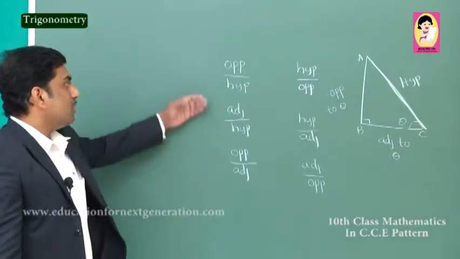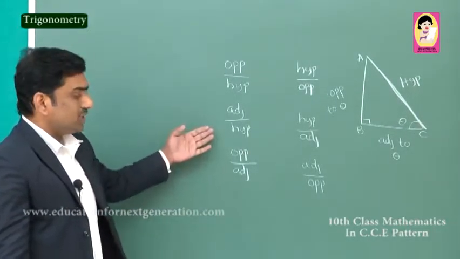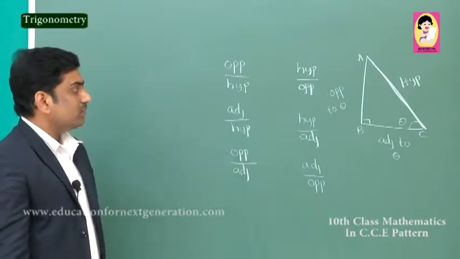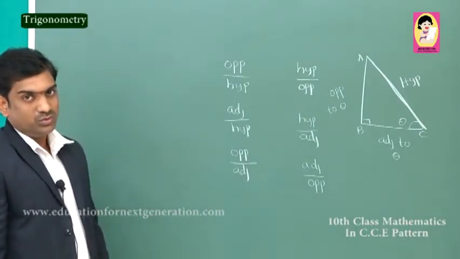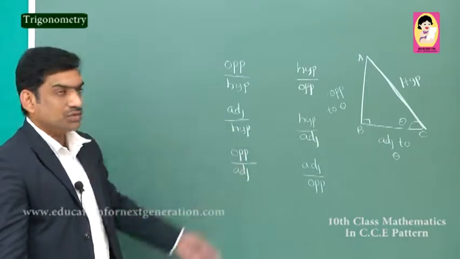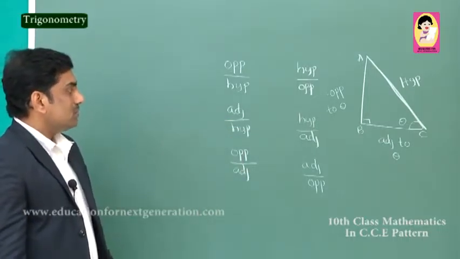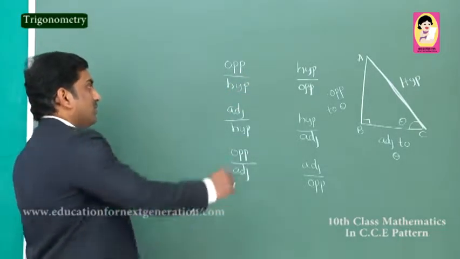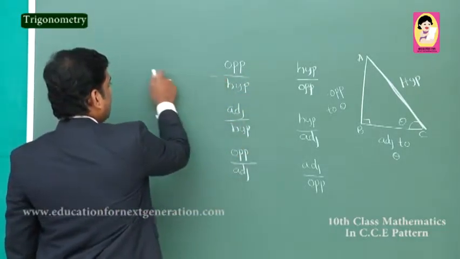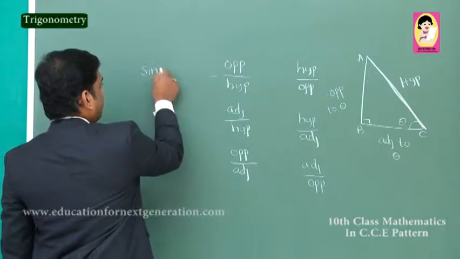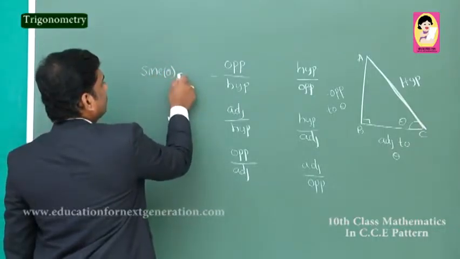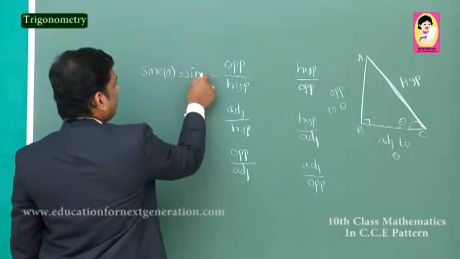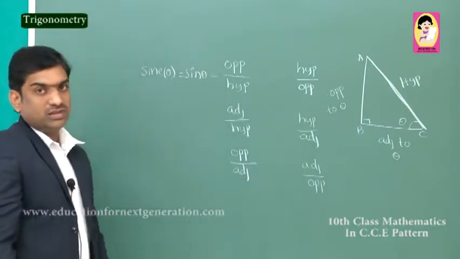Every time writing opposite by hypotenuse or adjacent by hypotenuse or opposite by adjacent is difficult for us, so we need some names for these ratios. For that purpose, the mathematicians named these ratios. First, they named this ratio sine of theta, which for convenience we can write as sin theta.